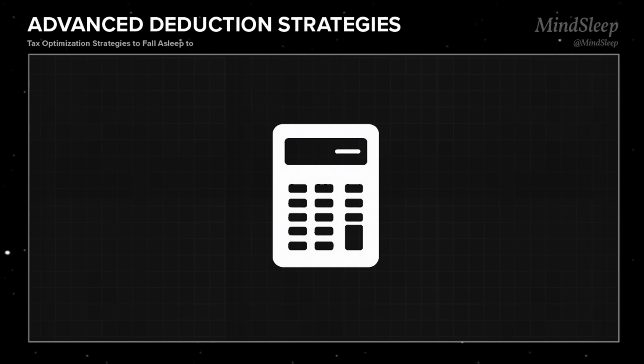Let us embark on this journey through the labyrinth of deductions, where each careful step can lead to significant tax savings. At its core, the art of deduction optimization revolves around the meticulous itemization of expenses.